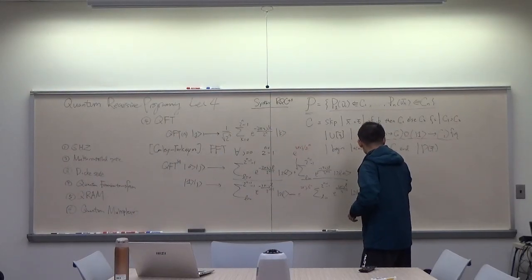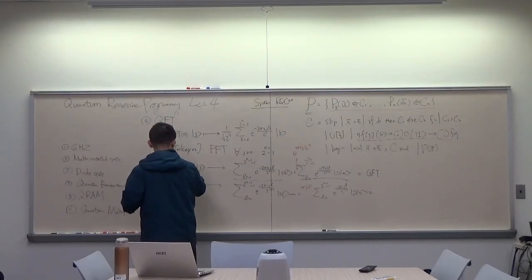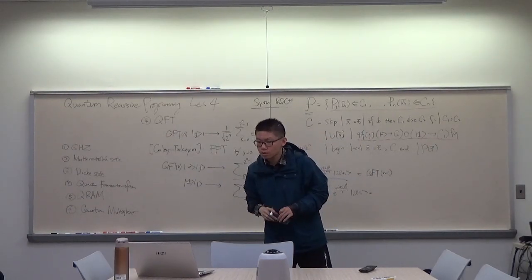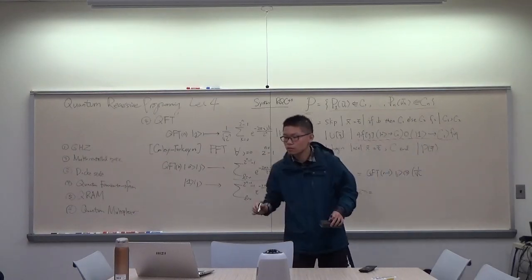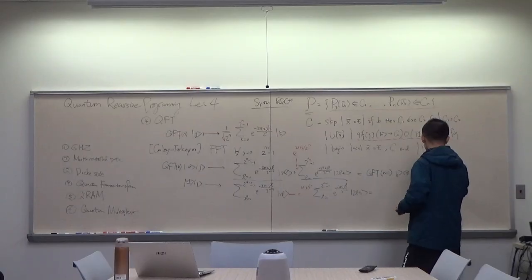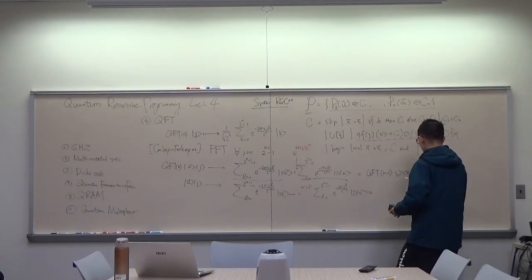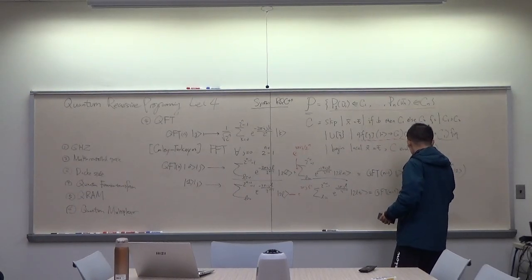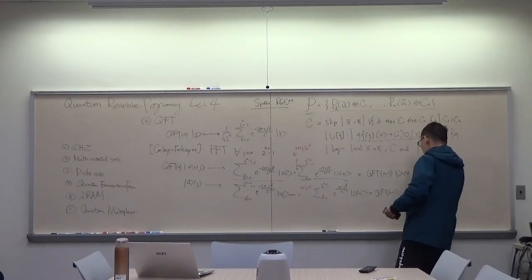So let's rewrite these terms. It becomes QFT n minus 1 applied to j, tensored with the first qubit state. And this one is QFT n minus 1 applied to j, tensored with the other state. Okay.